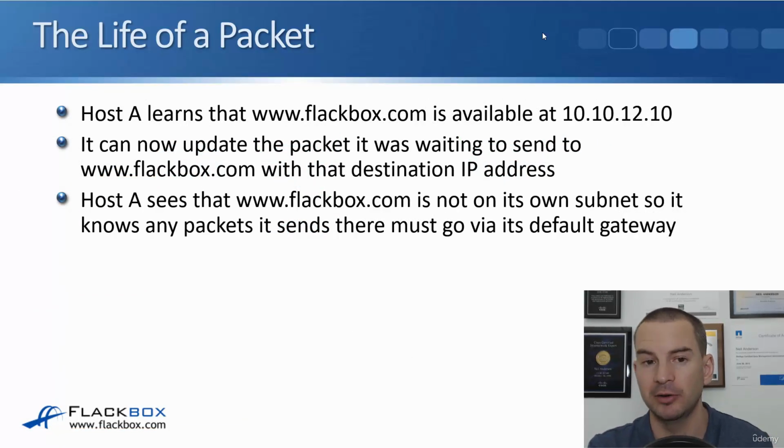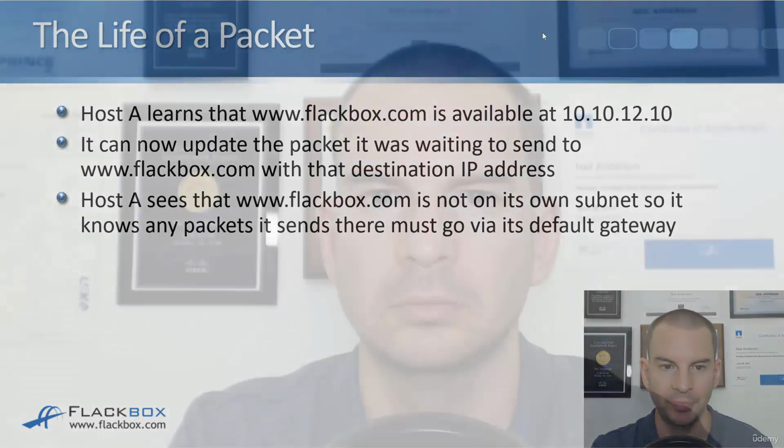Host A now learns from that DNS response that www.flatbox.com is available at 10.10.12.10. It can now update the packet it was waiting to send to www.flatbox.com with that destination IP address. Host A sees that the web server is not on its own subnet, so it knows that any packets it sends there must go via its default gateway.